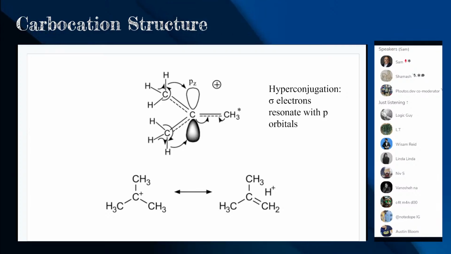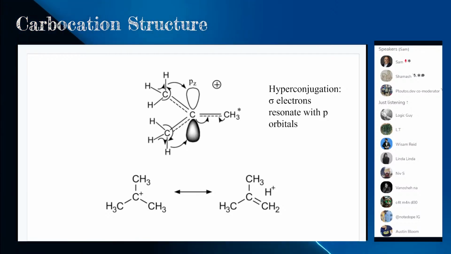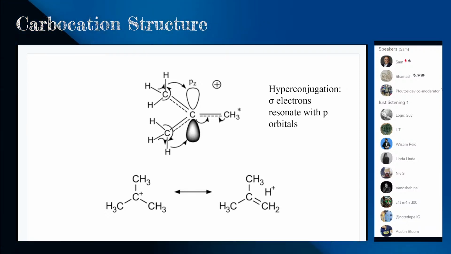In one of the early lectures, we said that dispersal of charge is one of the principles of reaction chemistry. That is, if you want to find stability, look for something that disperses the charge more than other things. So we want the charge to be dispersed as opposed to concentrated in one point.